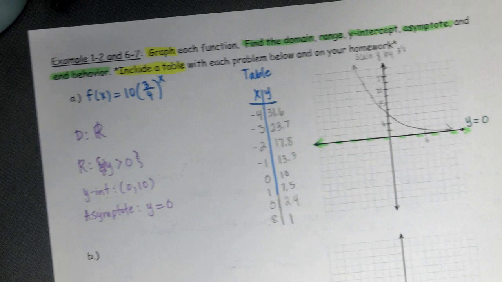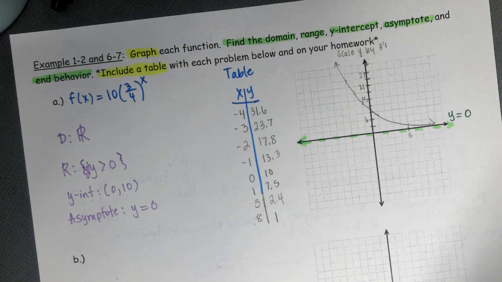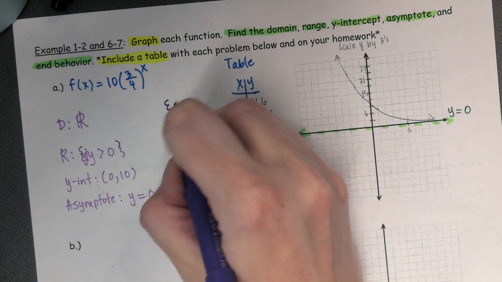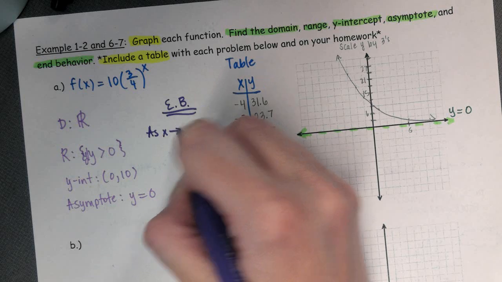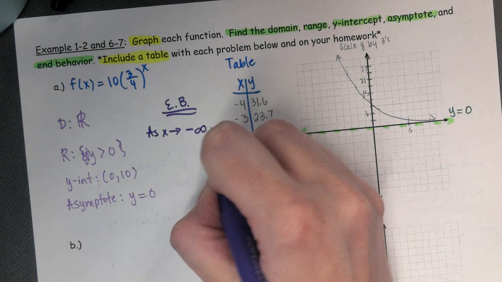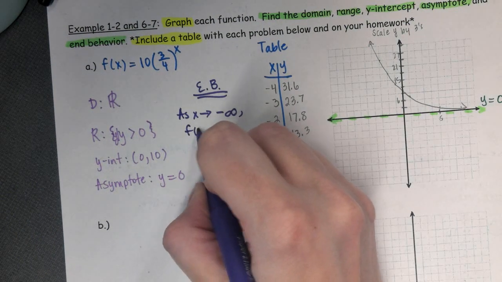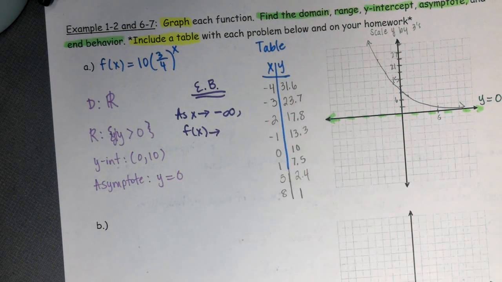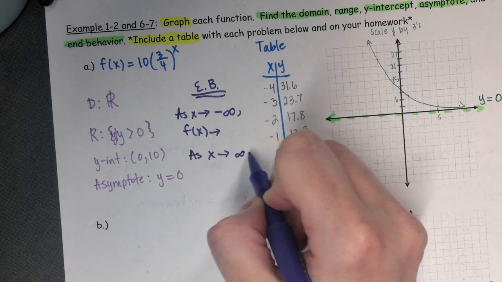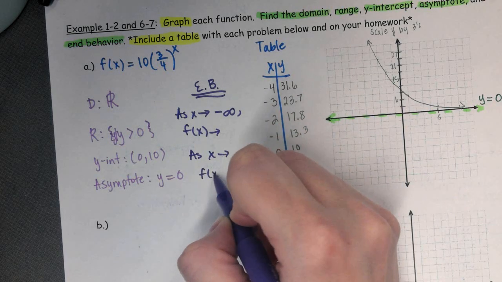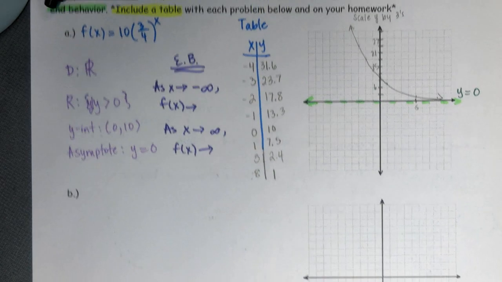Okay, and then for the end behavior, this is something that we did first semester. For end behavior, you always have, as x goes to the left side, which is negative infinity, you have to tell me where the n goes. And on the right side, okay, you have to tell me where the n goes.